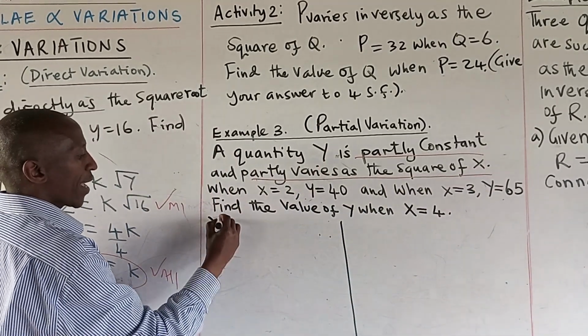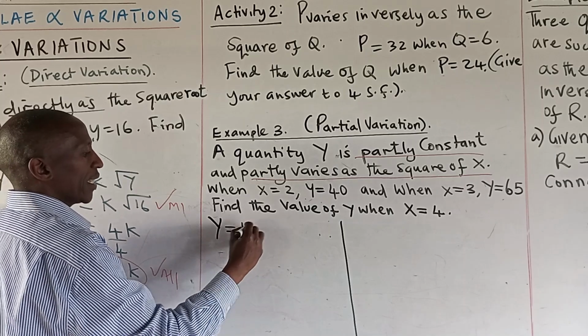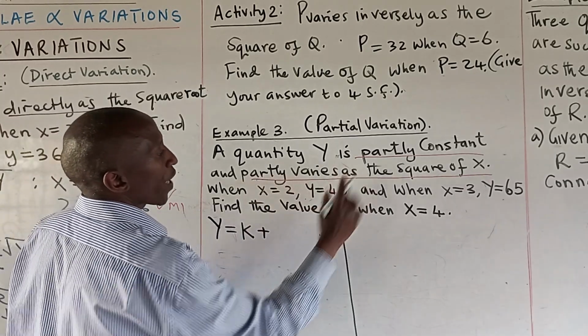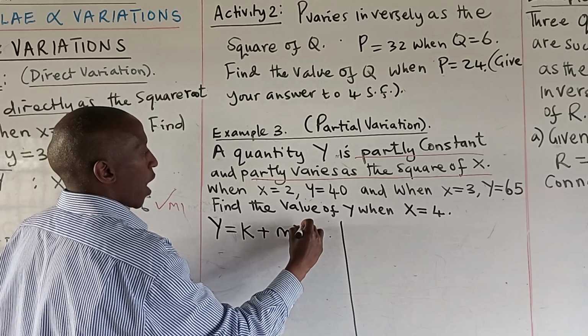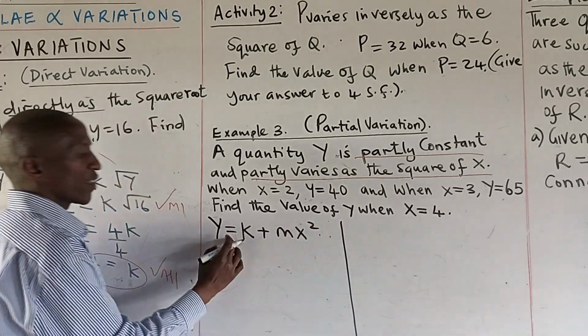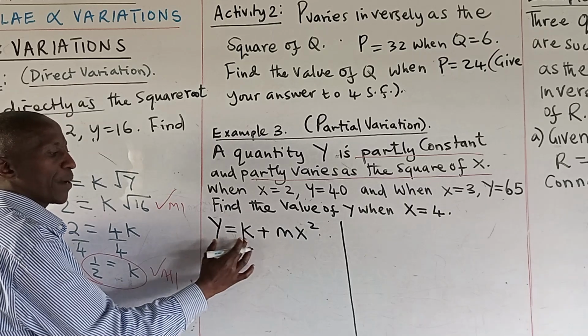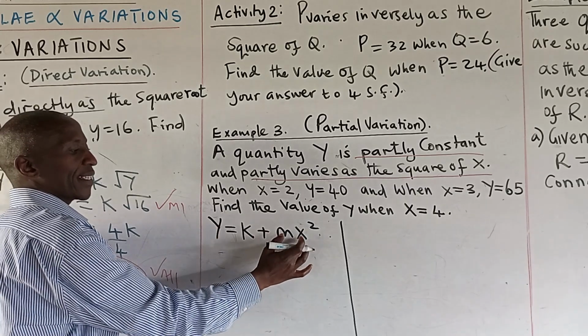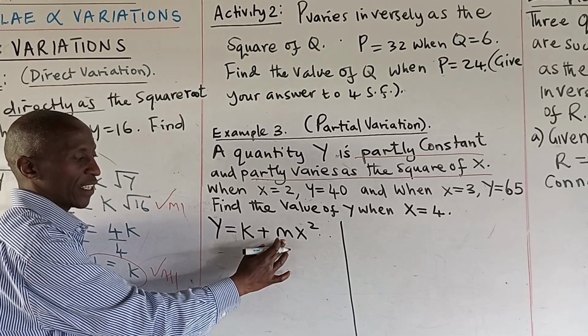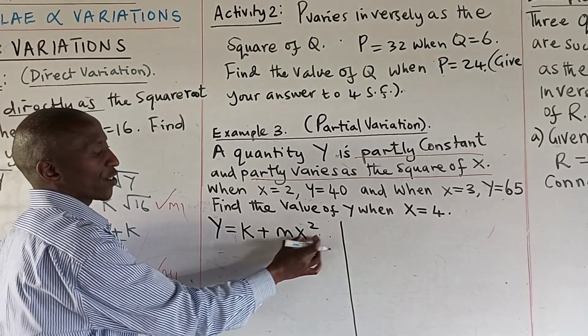So we have y being partly constant and partly varying as square of x. So this is very important. Y is partly constant and partly varying. So we need a constant of proportionality for this variation as x squared.